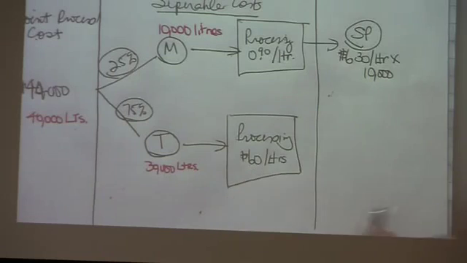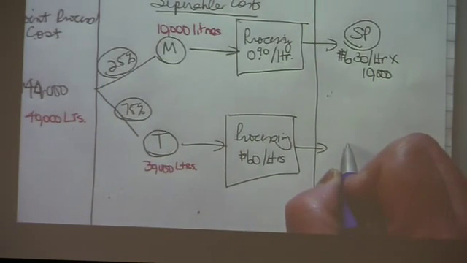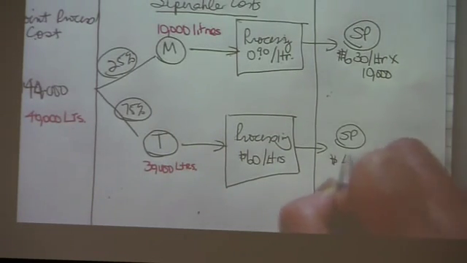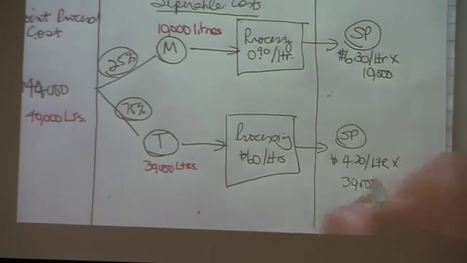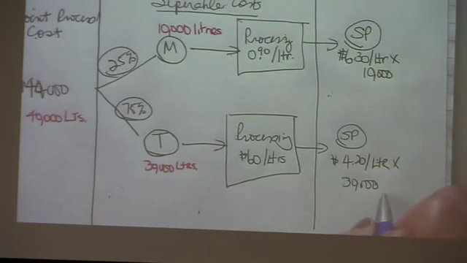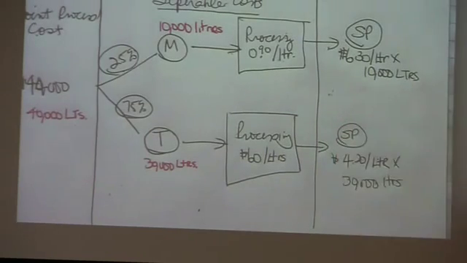And the sales price of turpentine is $4.30 per liter times 30,000 liters. Okay?